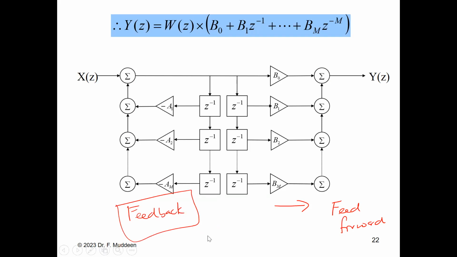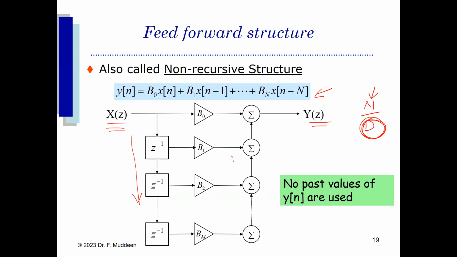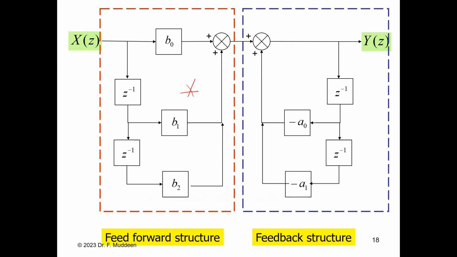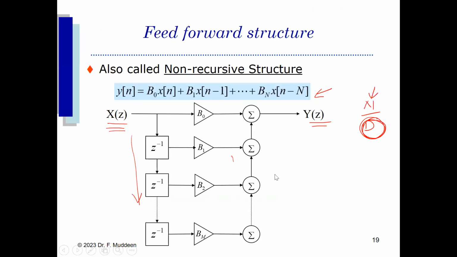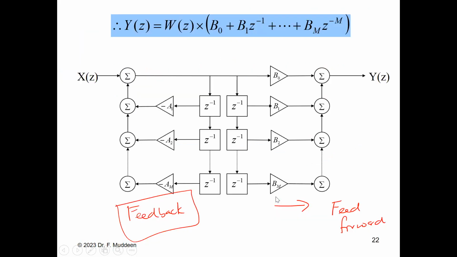I've swapped them, right? So in other words, I took this structure here because I could do it in any order because it's a linear time invariant system. I could swap the order of the processing. So in other words, do the feedback first and the feed forward after. And then if that is the case, this is what the processing looks like, right?